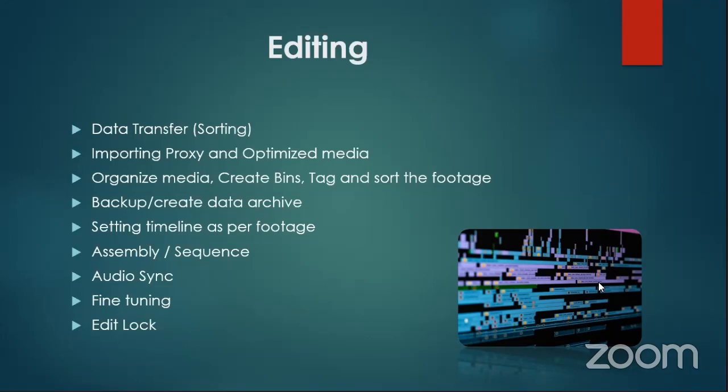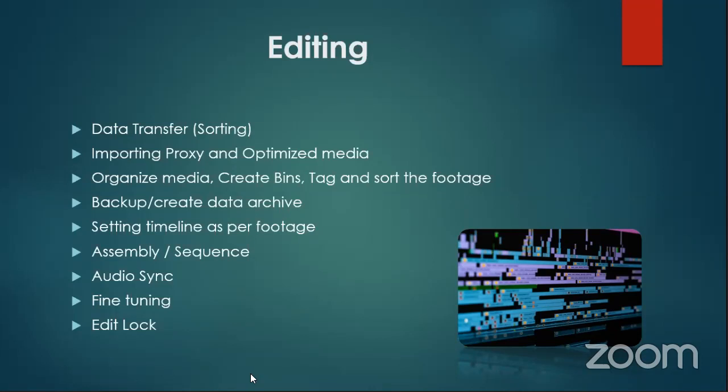Now, the DIT is also responsible for image quality control. His job is to control the image, so that the frame rate does not fall, or that whatever onset color correction has been done is kept.